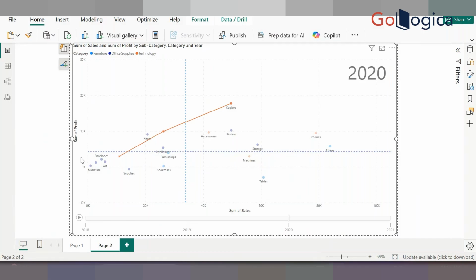So you can see in 18 we had very, very low sales and a very, very low profit, very close to zero. The profit was just 2,900, and the sales was just 9,900 or 10,000. And when you see the next year, it has increased from 10,000 to 26,000.